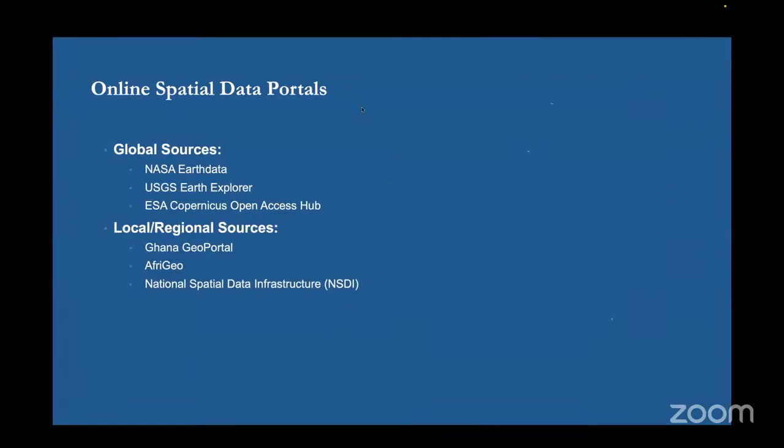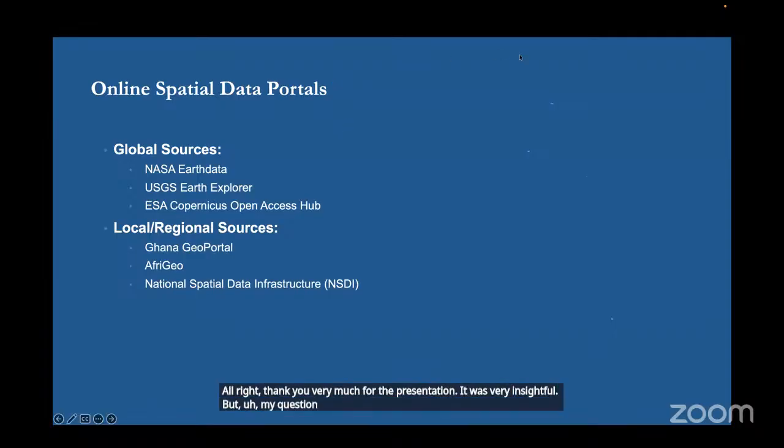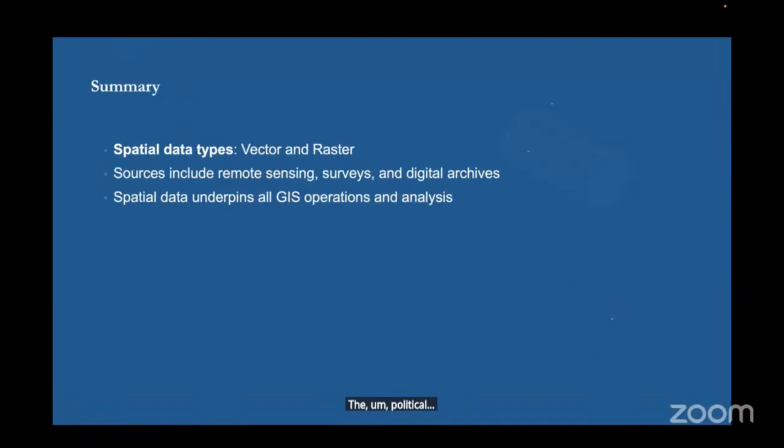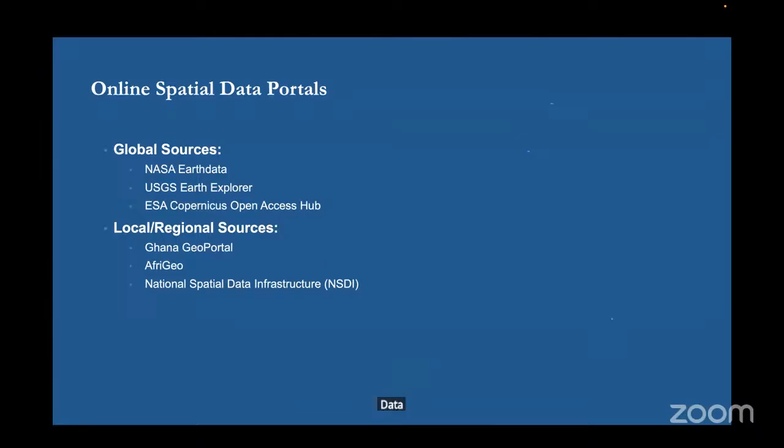Please, any other questions, contributions for our resource persons? Please, I have a question. Go ahead, Portia. All right, thank you very much for the presentation. It was very insightful. But my question is, is there a particular site where we can get data on Ghana, aside from the political regions and districts, data such as flood, data such as rivers?